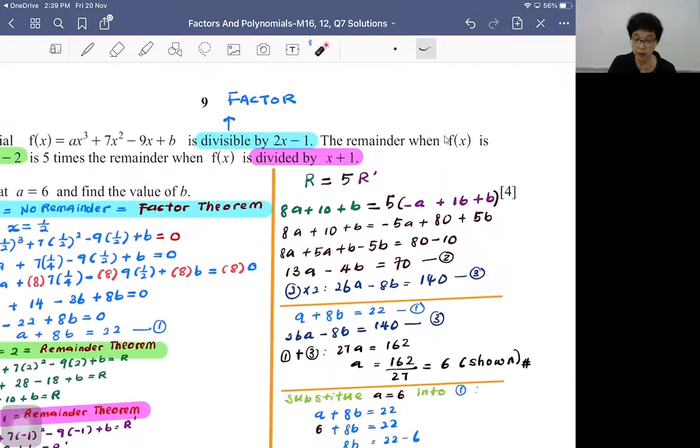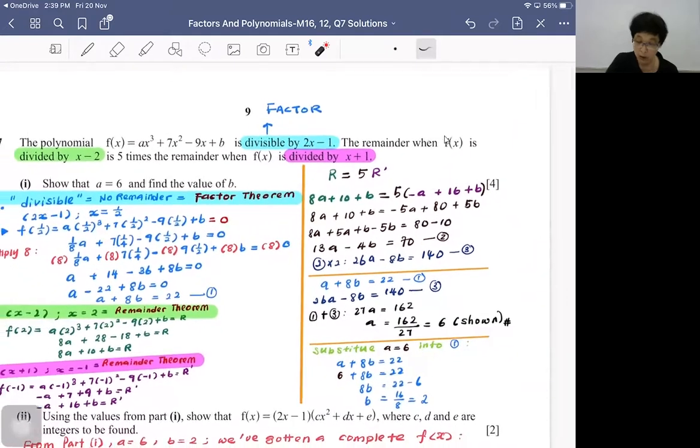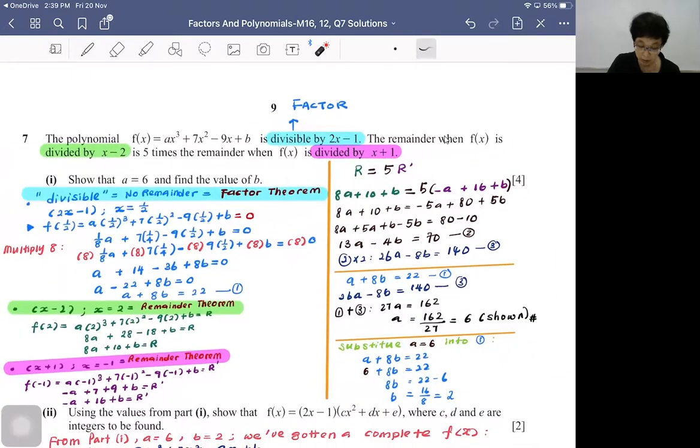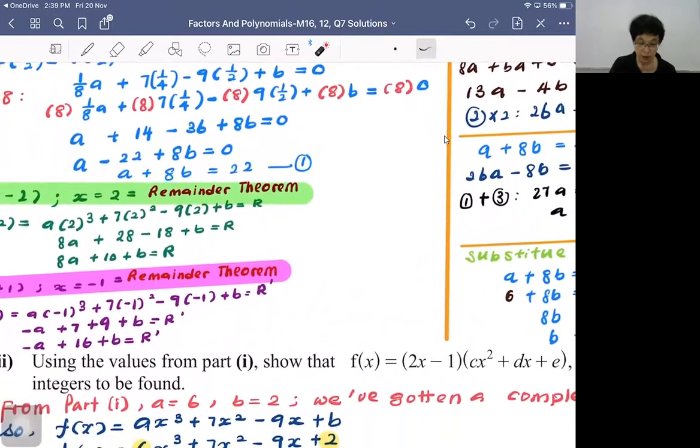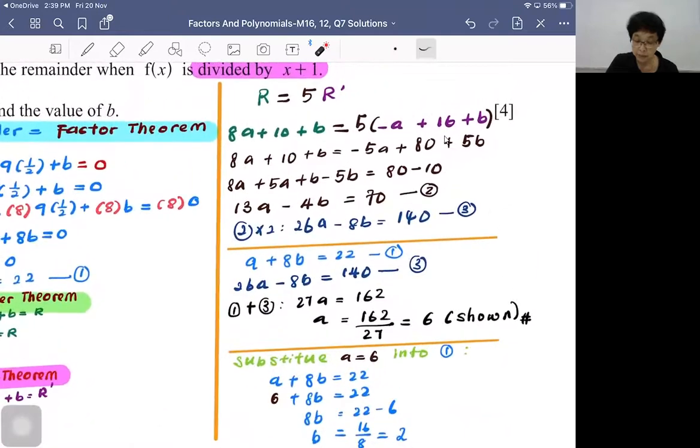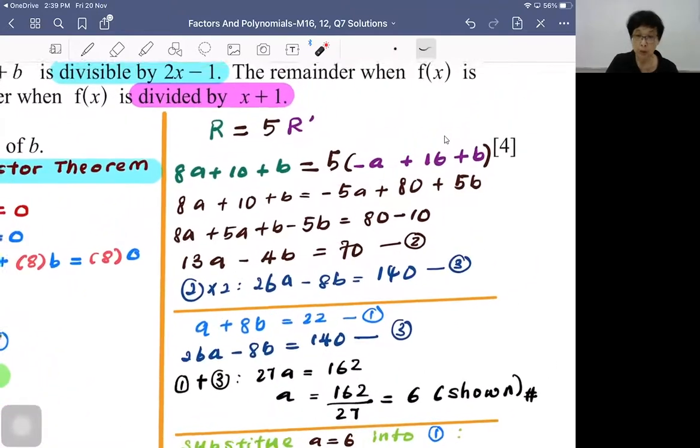So we take the remainder statement that we have gotten in this portion, put it up here, and equate it to 5 times the second remainder, the one that I noted in purple. There we go. And then let me enlarge this portion.